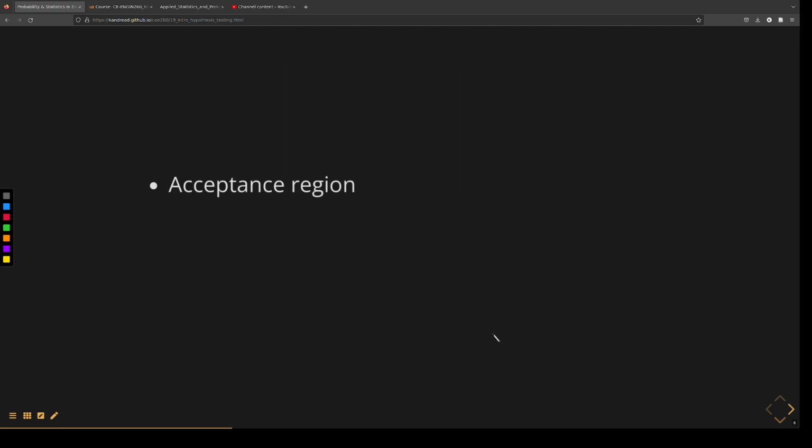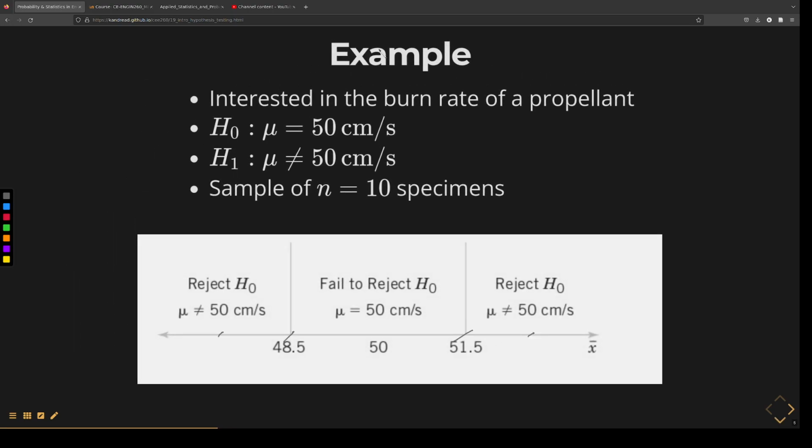which brings us to the definition of the acceptance region and the critical region. And let's go back here. You can probably guess that this is the acceptance region, and these are the critical regions.